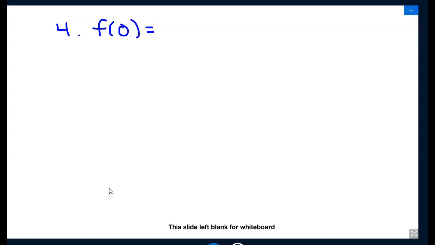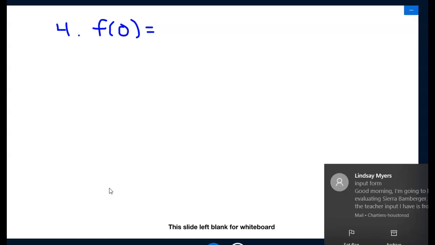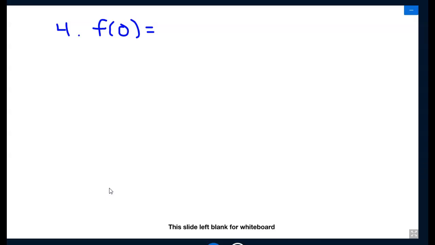For number 4. Good? Exactly. So the top one is the actual function that gets the 0. So we plug f of 0 in to the top function. So the true value of f of 0 is 0 squared minus 3, or negative 3.